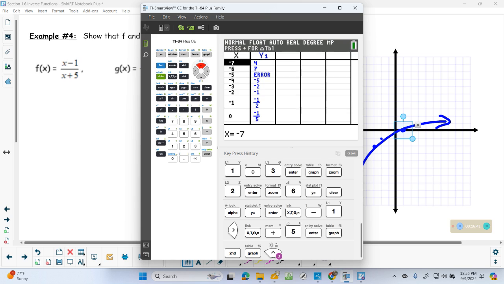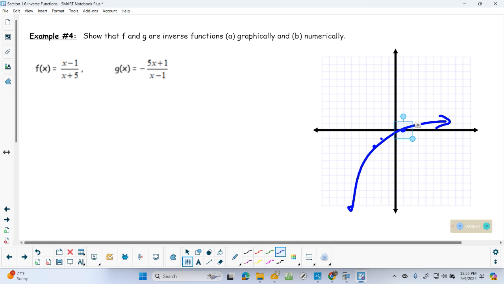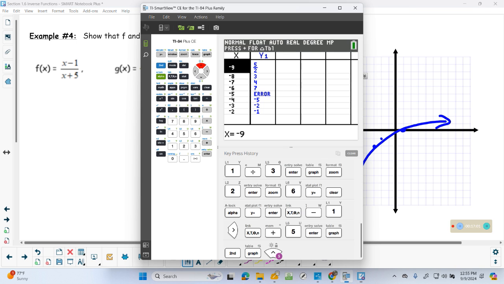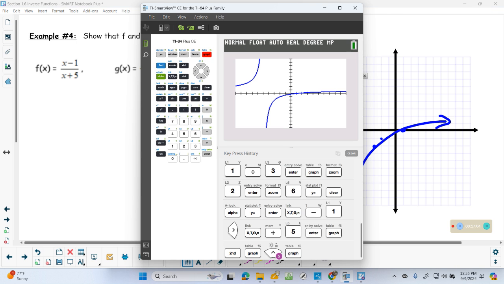So let me scroll here to the left. So let's maybe try like -7, 4, -6, 7. Okay, I'm just going to kind of draw it. A little rough sketch there. Let me put the picture back on, give you a second.